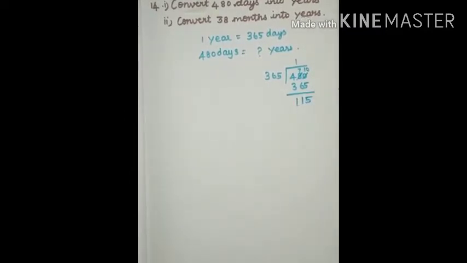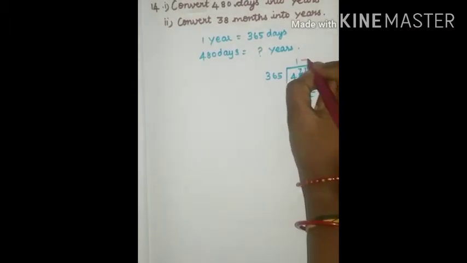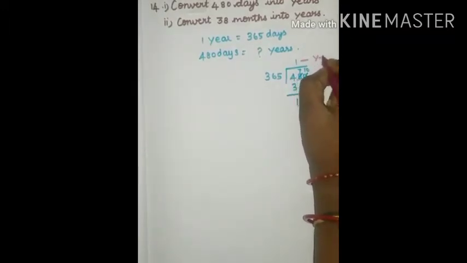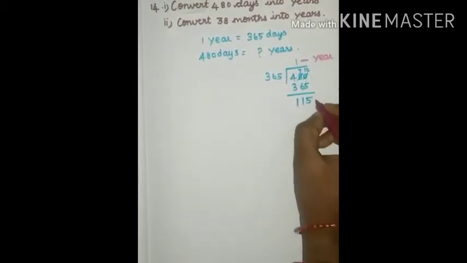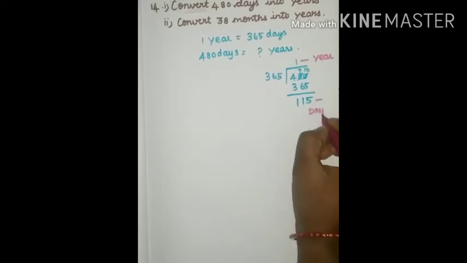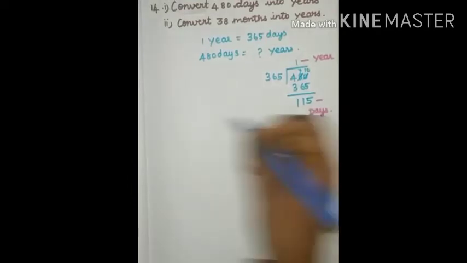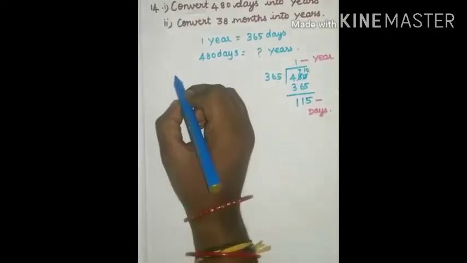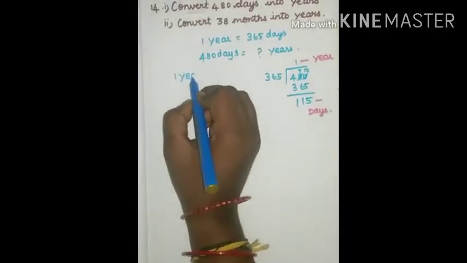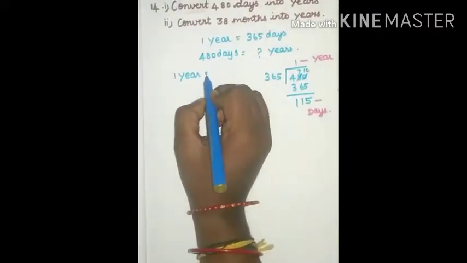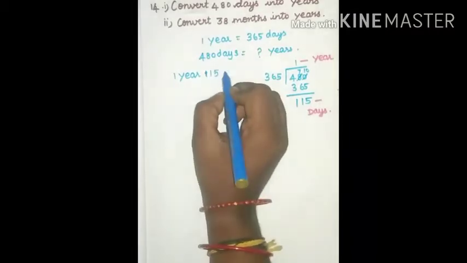The quotient is considered as a year and the remainder is considered as days. Therefore, 480 days equals 1 year 115 days. Students, is it clear now?